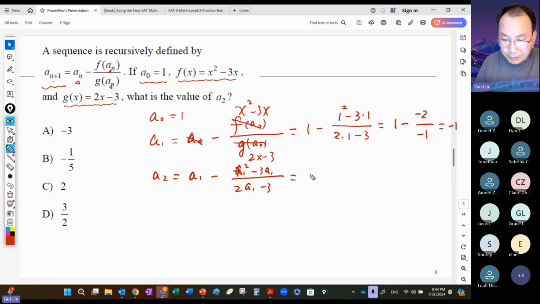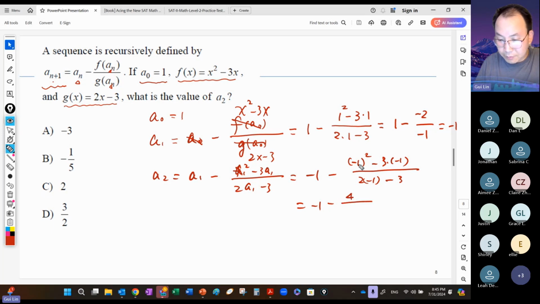So we just replace negative 1 here: negative 1 squared minus 3 times negative 1, over 2 times negative 1 minus 3. So you can get it here. So you can calculate this part, right? So we get negative 1 minus 4 over negative 5.